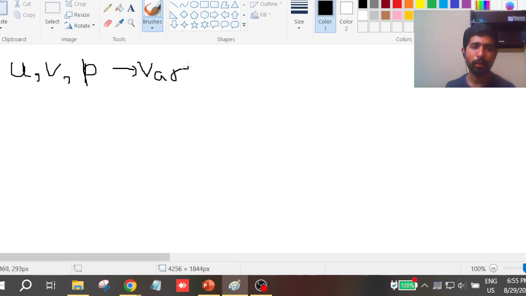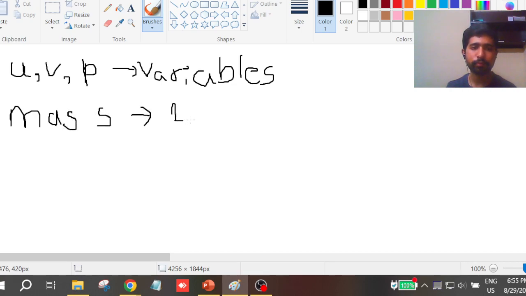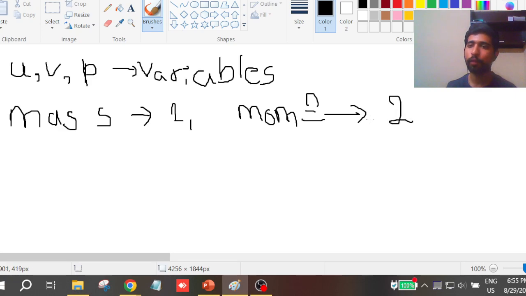Now, very interesting thing is that we have three equations also. We have one mass conservation and two momentum equations for the two-dimensional case. Okay, so mainly we have three equations and three unknowns. It should be very easy to solve, and we might feel like that, but it is very difficult.